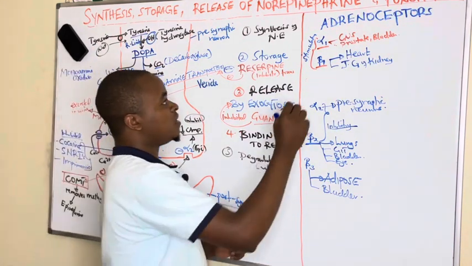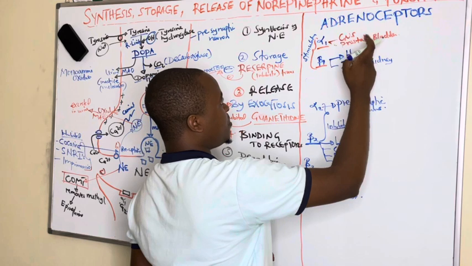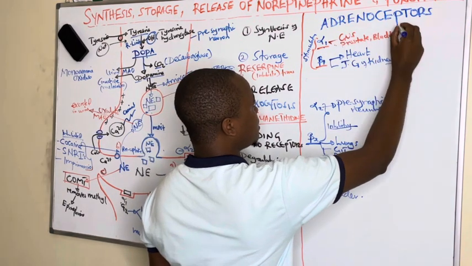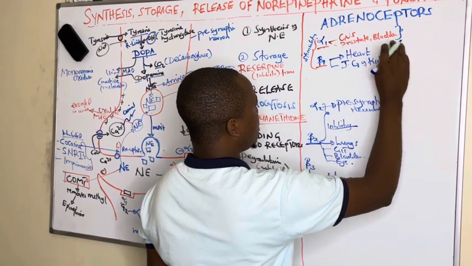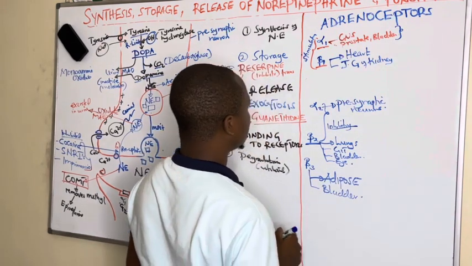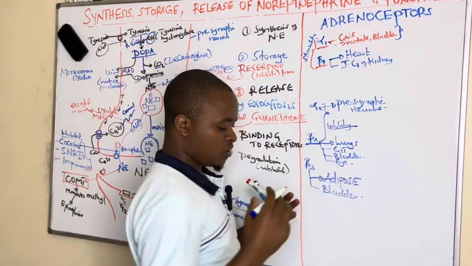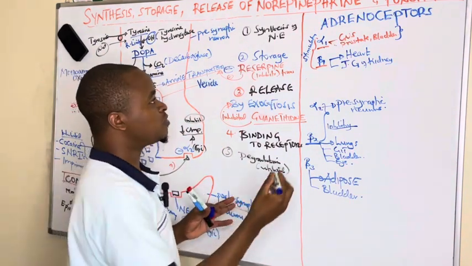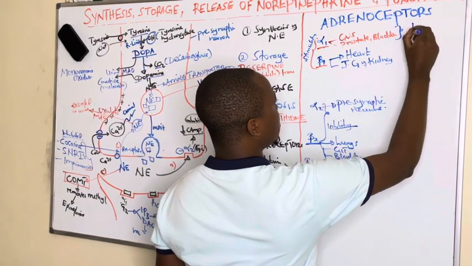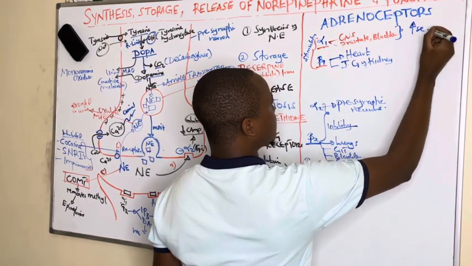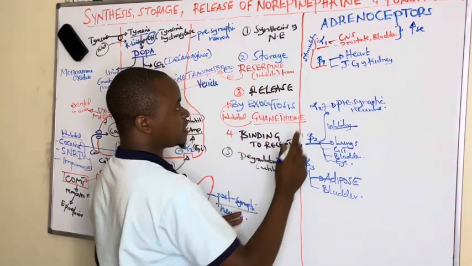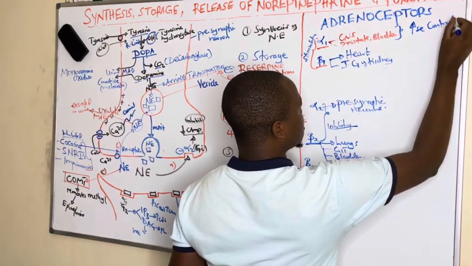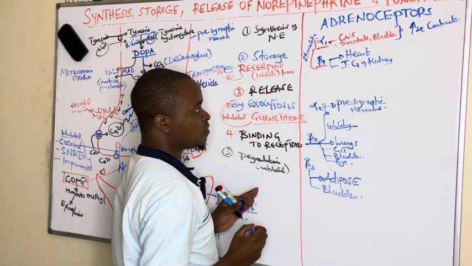Whenever norepinephrine and epinephrine bind to alpha 1 receptors, it leads to the reactions of fight and flight. This is going to stimulate or increase activities. For example, in the prostate, it will increase contraction of the muscles.